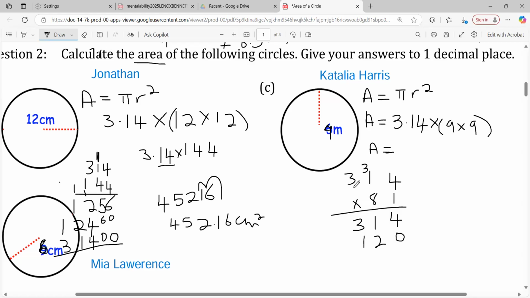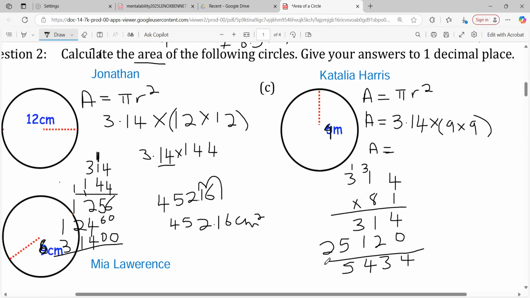Put down the 1. 8 times 3 is 24, plus 1 is 25. Then 4 plus 4, and 4 plus 0 is 4. 2 plus 1 is 3. 3 plus 1 is 4. And then put down the 25.